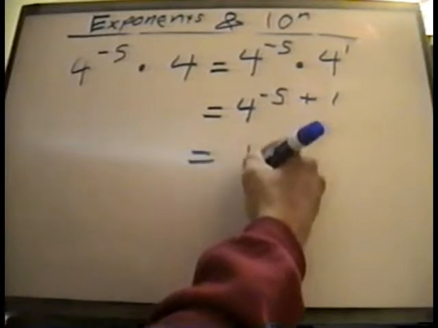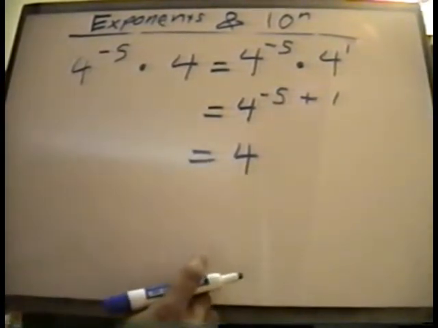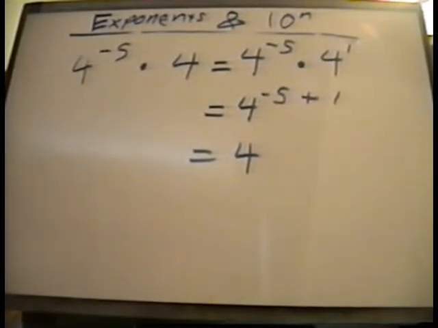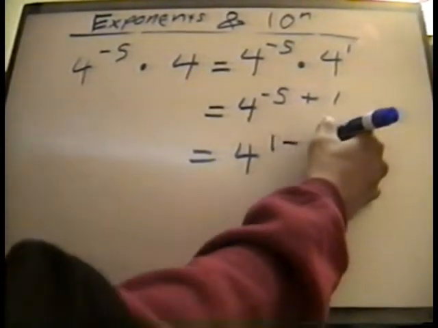Now, -5 plus 1 equals -4. It's 4 to the power of -4.